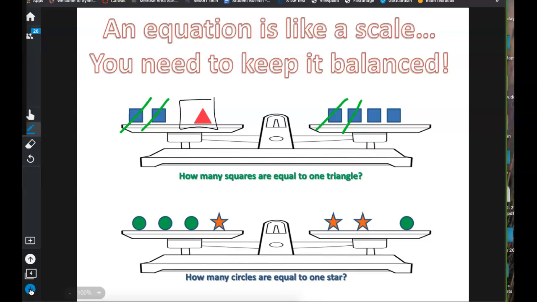So how about the second one? How many circles are equal to one star? Type that in the chat.